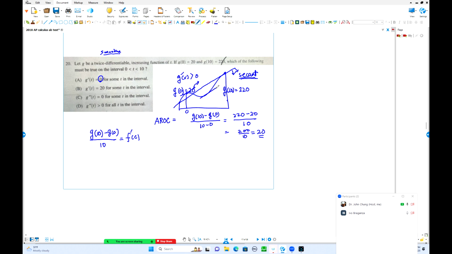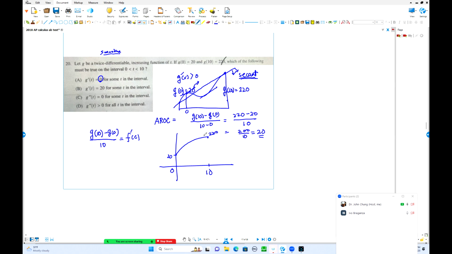Sometimes the value of t slope is 0. Is that possible? In this case, when you have 0 here and 10 here, with g of 0 equal to 20 and g of 10 equal to 220, sometimes we have this one.